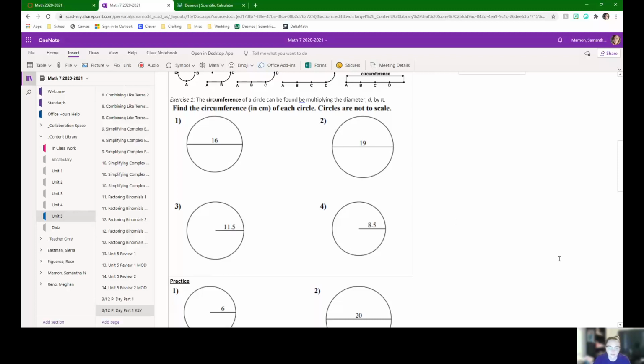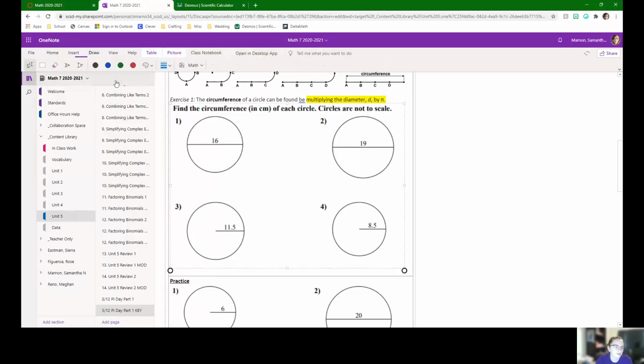So we have a couple of questions here for our notes. Find the circumference in centimeters of each circle. Circles are not to scale. What we have here is that we can find this by multiplying the diameter d by pi. So on question 1, we have the diameter that goes straight across, and that is 16.